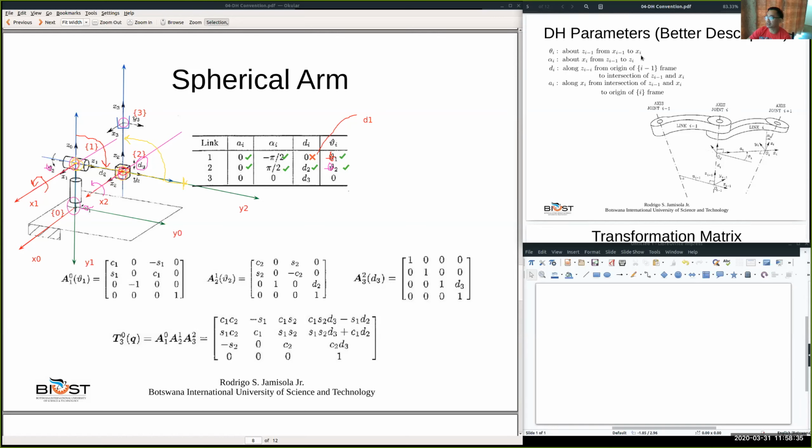About Z2 from X2 to X3, X2 and X3 are parallel, and so there's no rotation about Z2. No rotation about Z2.